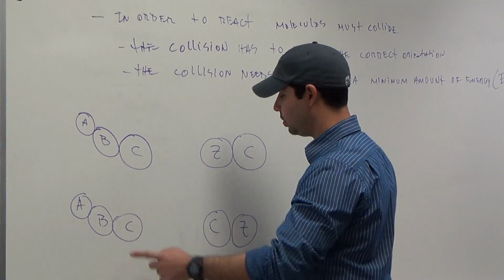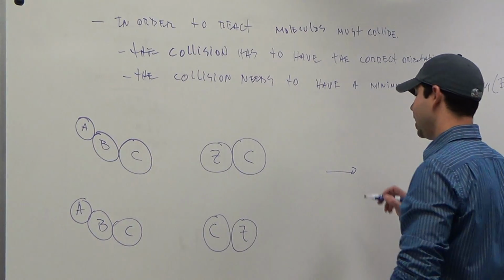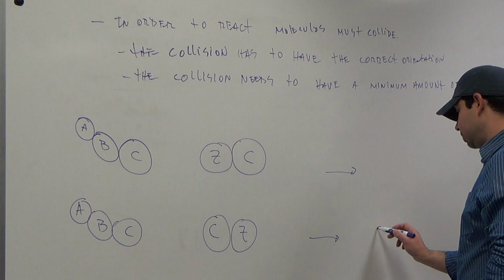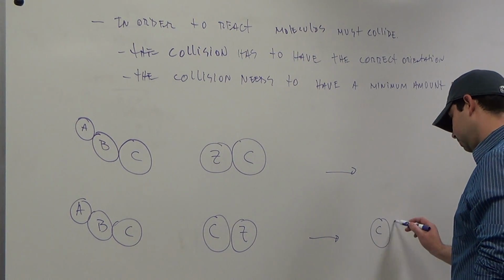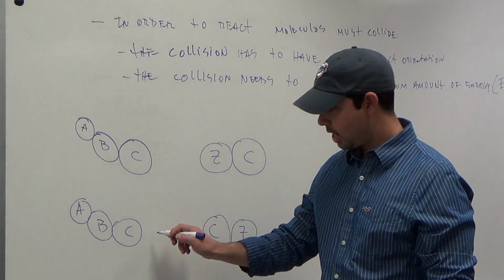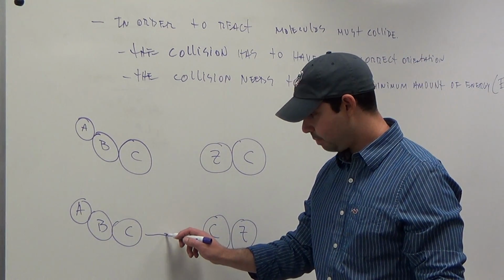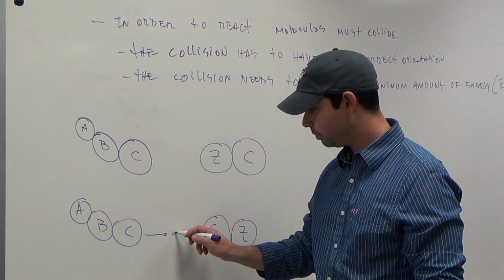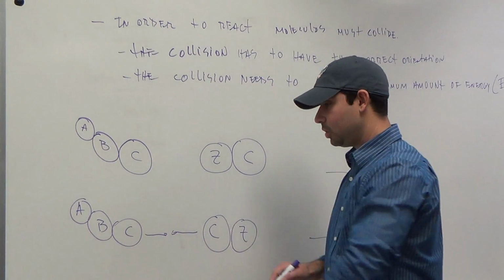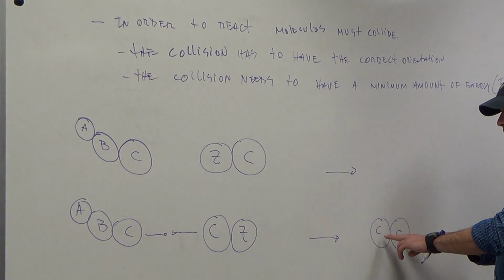And this is another atom C. Now the product that you are supposed to get, let's say, is that. So during this collision, as this molecule approaches this molecule, C and C collide with each other, yes? Okay. So you get this product.